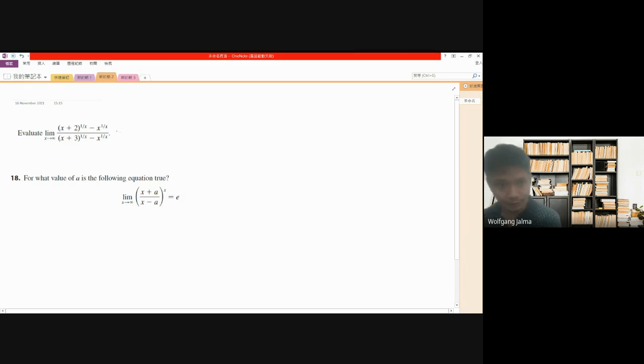So this one equals, well, I divide by x over 1 over x, so we have limit x to infinity of x plus 2 over x over 1 over x over x plus 3 over x over 1 over x minus 1.